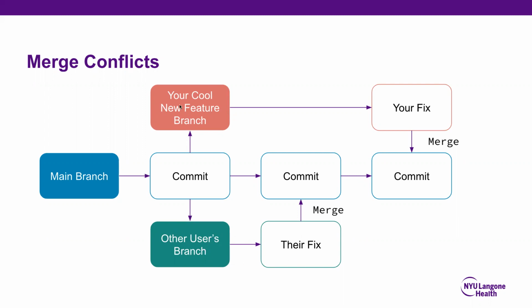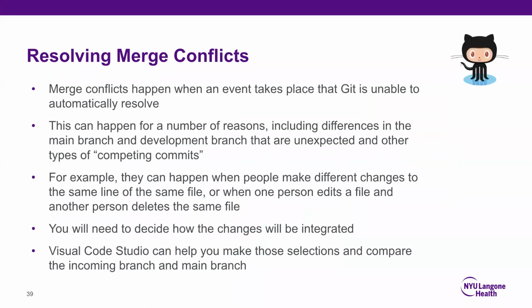They've made a merge, and then you made a merge at some other point in time, and there's a conflict. This happens because Git doesn't know how to interpret the changes that have been made. Maybe they have edited the same line that you have, or deleted a file that you're still using. It'll create a merge conflict. There are some ways to navigate that. Basically, you just need to tell Git how to interpret it and what the right answer is between those two or more options.